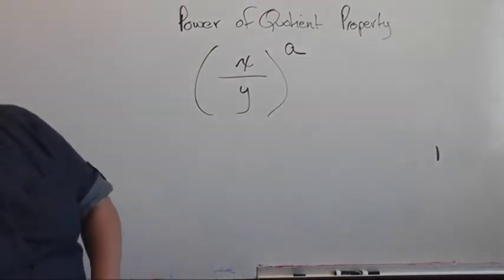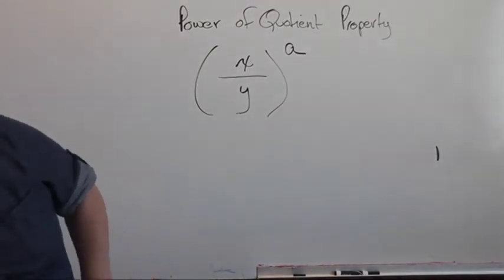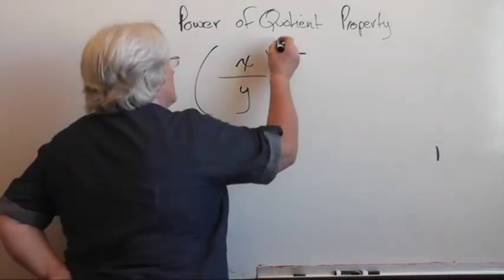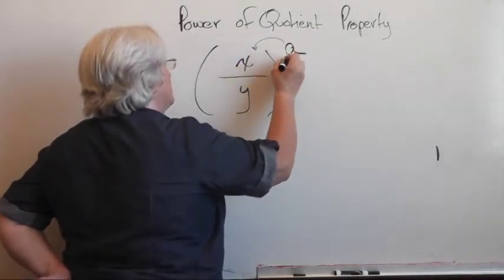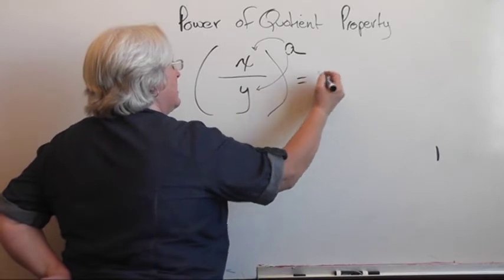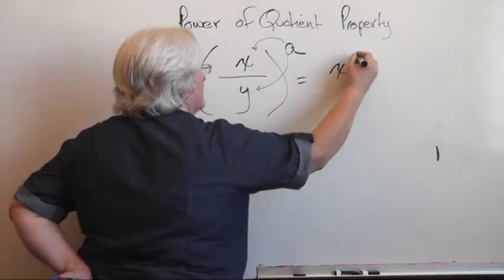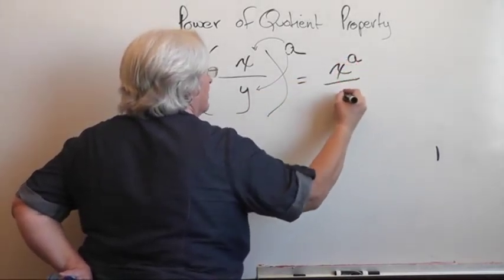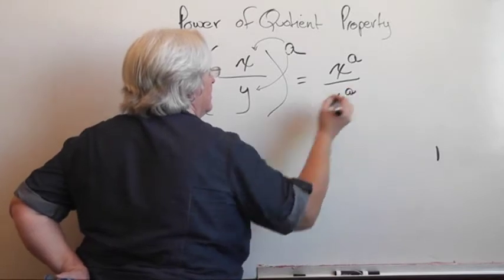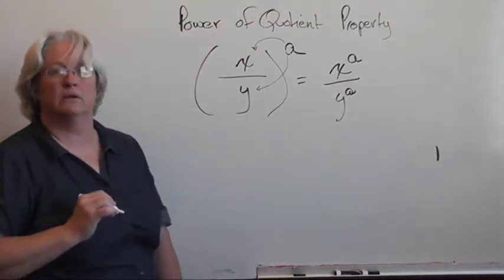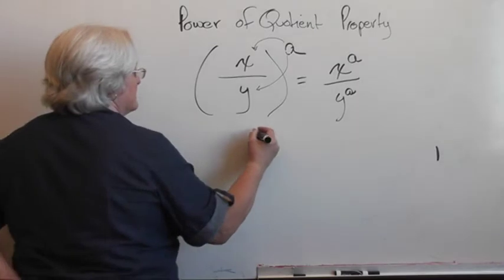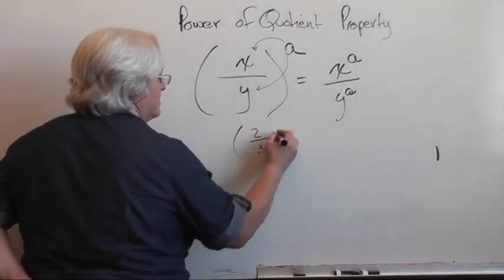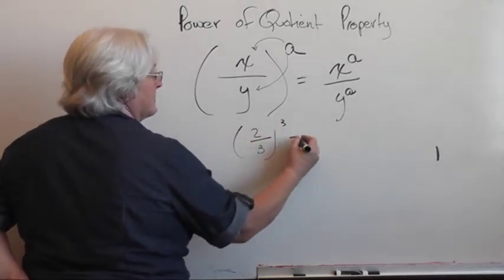What is really nice about this is that the exponent acts on the numerator and the denominator. Let's say that I have 2/3 to the 3rd.